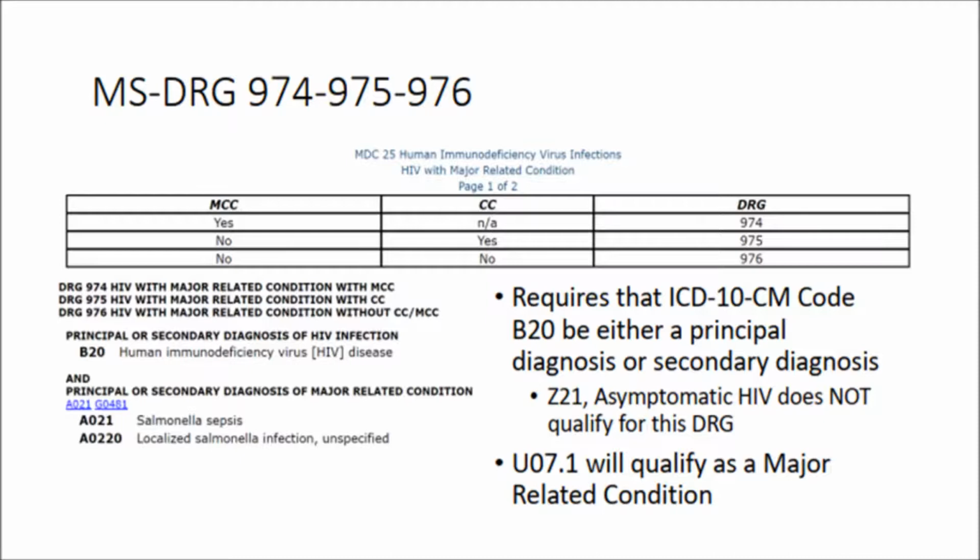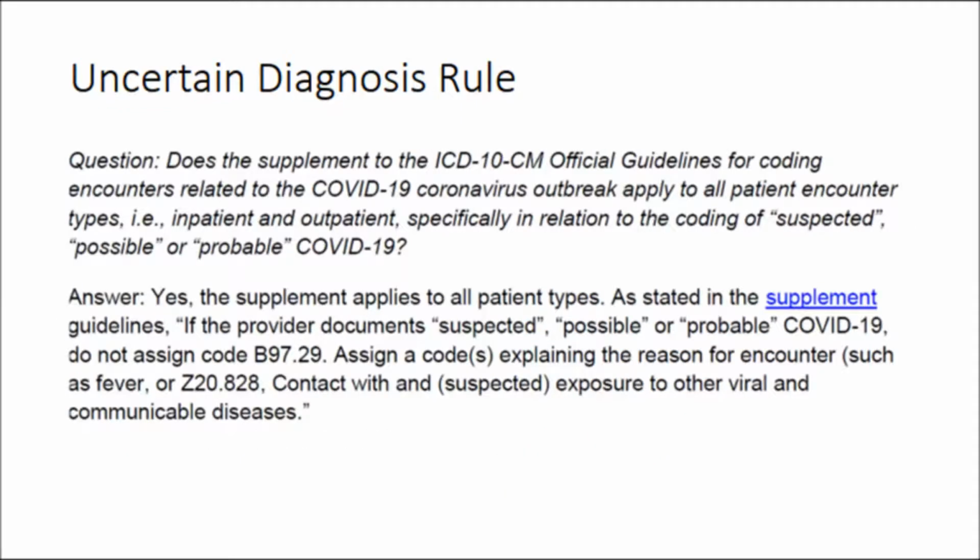A02.20, localized Salmonella infection, unspecified. This requires that ICD-10-CM code B20 be either a principal diagnosis or secondary diagnosis. Z21, asymptomatic HIV, does not qualify for this DRG. U07.1 will qualify as a major related condition. Uncertain diagnosis rule.